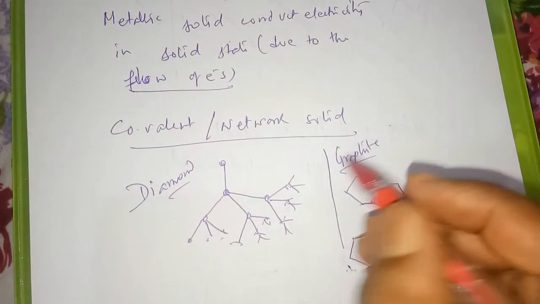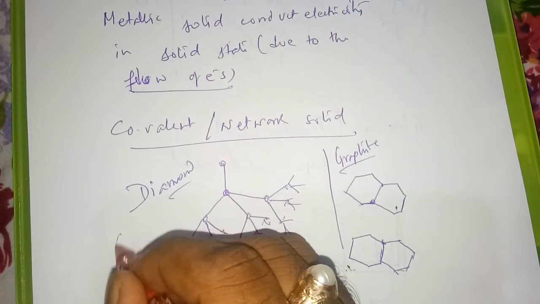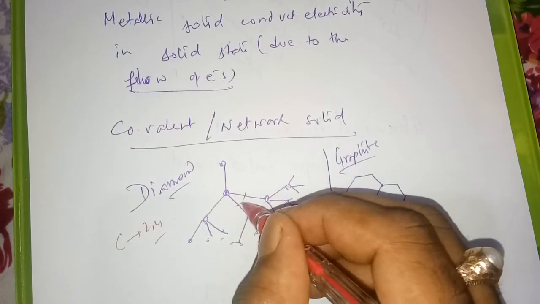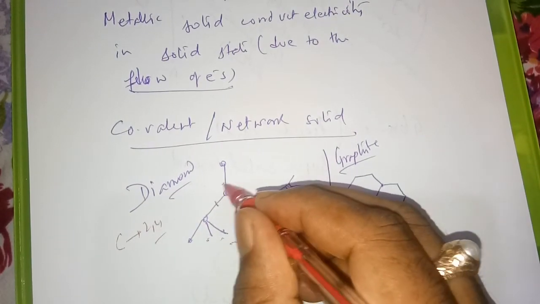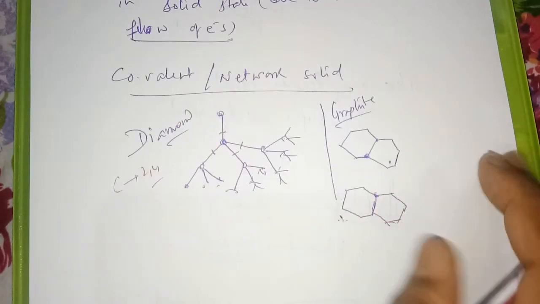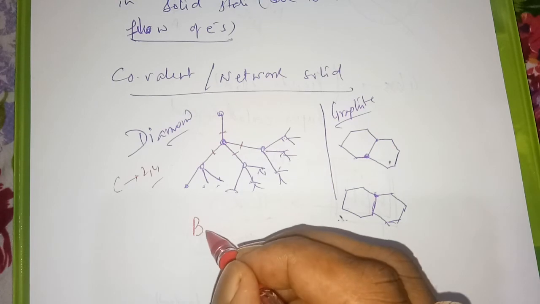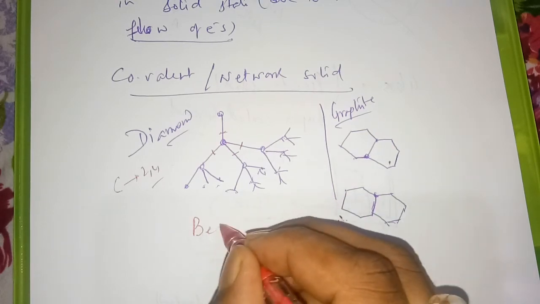In the diamond structure, how many electrons does carbon have? Carbon has 4 electrons. All 4 electrons of carbon are involved in bonding. So this is a bad conductor of electricity.